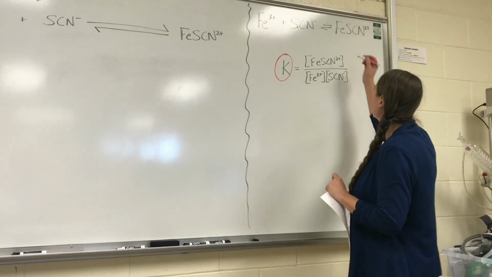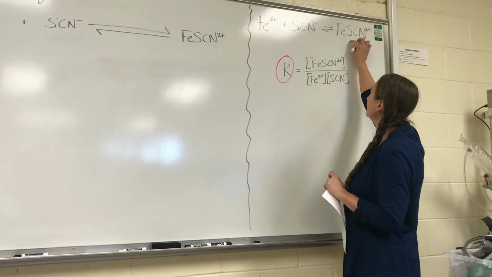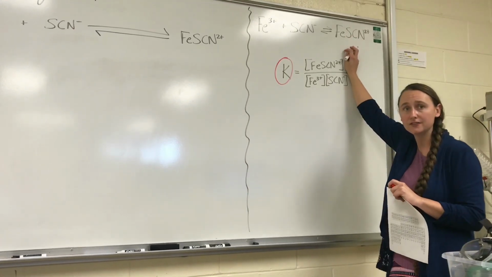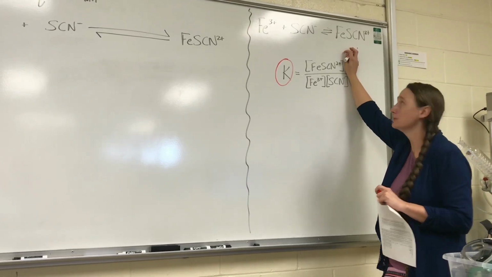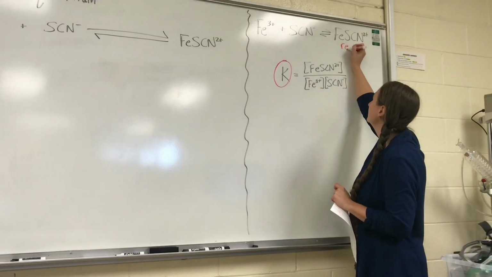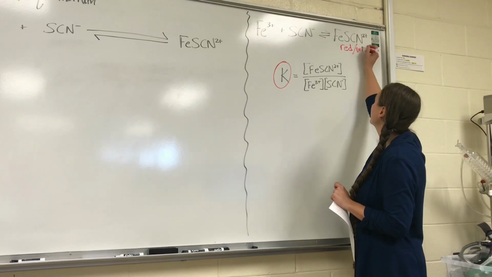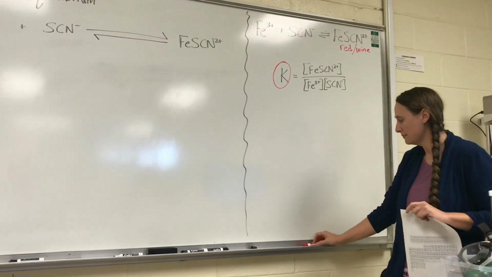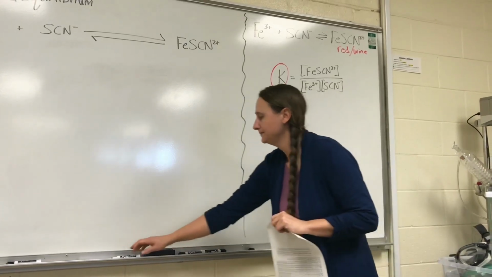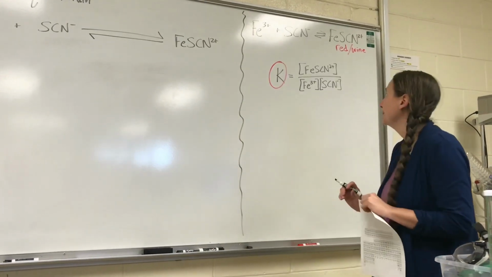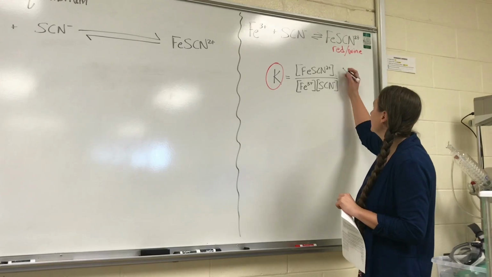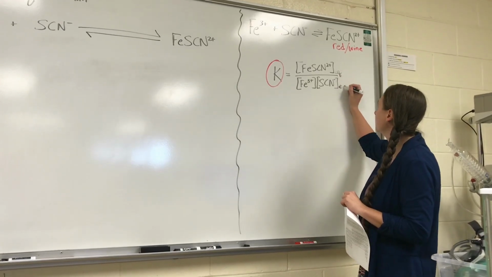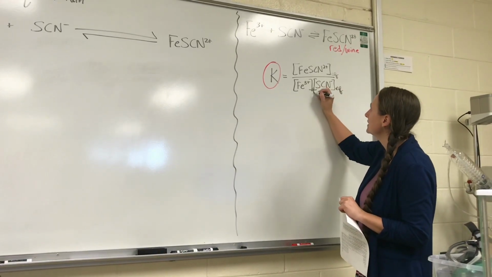And the way we are going to do it is by following the concentration of iron thiocyanate through absorbance. This happens to be a colored compound. It's a red or dark wine color, and it has a measurable absorbance. All right, so we need ways to determine the actual equilibrium concentrations of these substances.